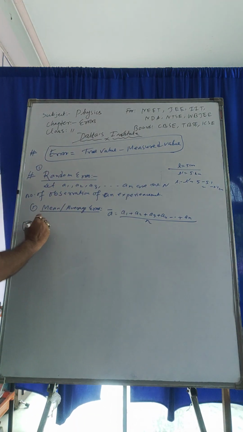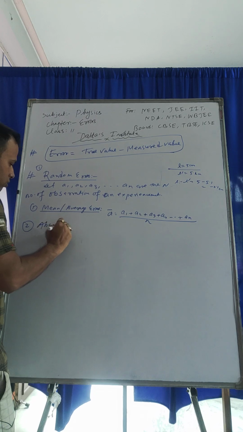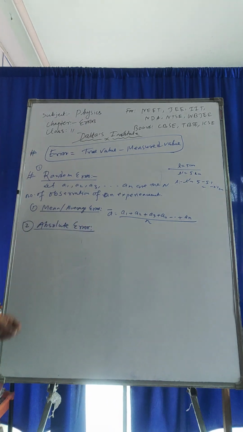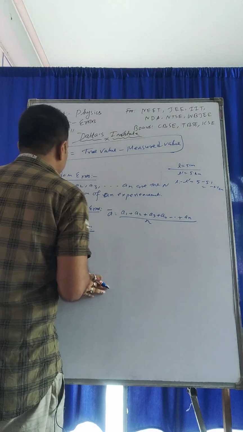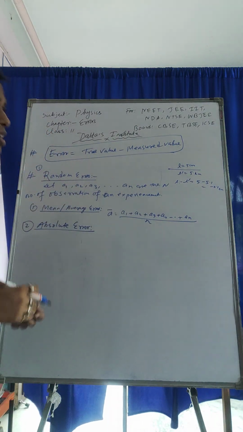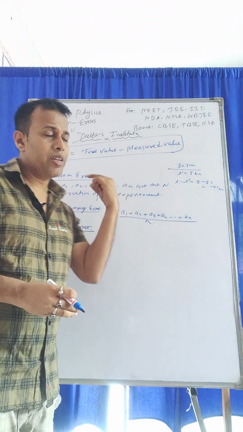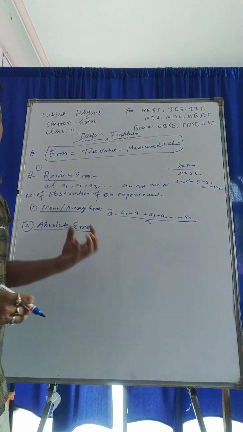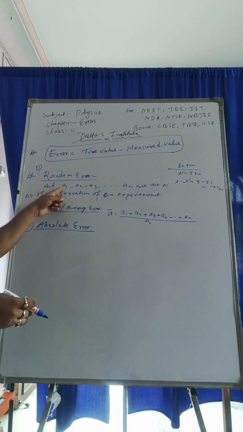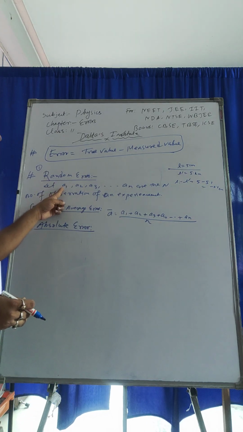Number 2, absolute error. Suppose there are n observations, we know that. So in a particular observation, what will be the error we have to find out? We can find it by absolute error. Suppose you measure the first measurement, this a1.